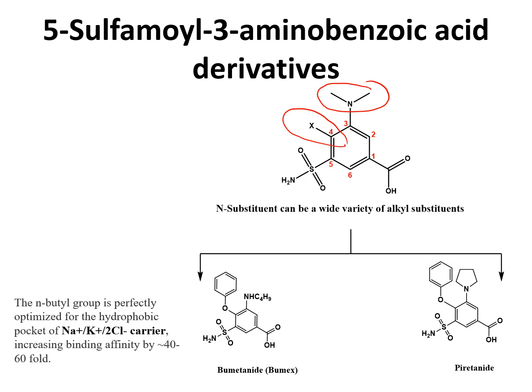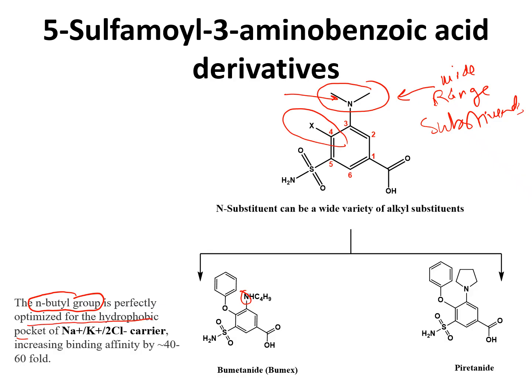Now the main difference, as we said, is that this nitrogen accepts a wide range of substituents when it's at the 3 position. These substituents can be methyl, ethyl, propyl, butyl, and it was found that the N-butyl group on this nitrogen at the 3 position is perfectly optimized for the hydrophobic pocket of these sodium potassium chloride carriers.